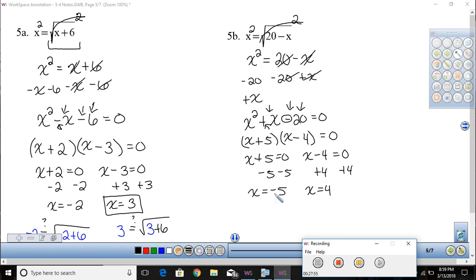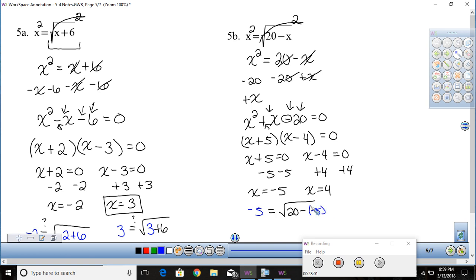All right, so I'm going to plug the negative 5 in up here. So I've got negative 5 is equal to the square root of 20 minus negative 5.